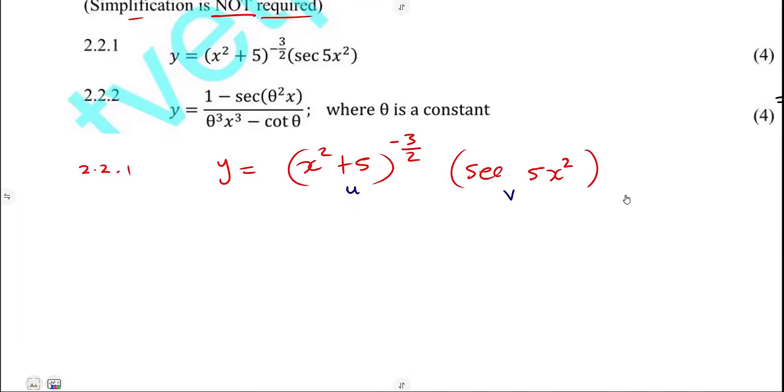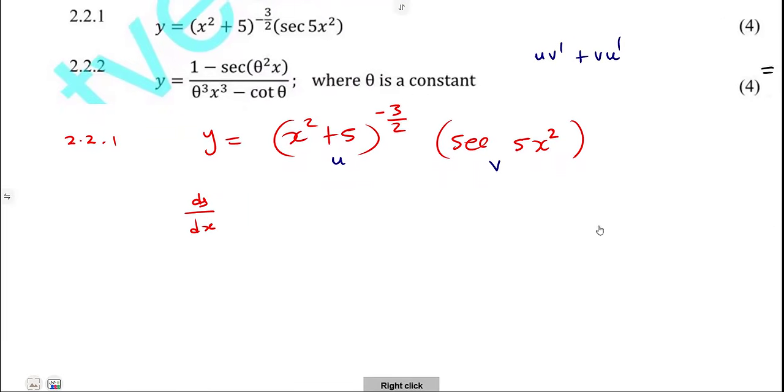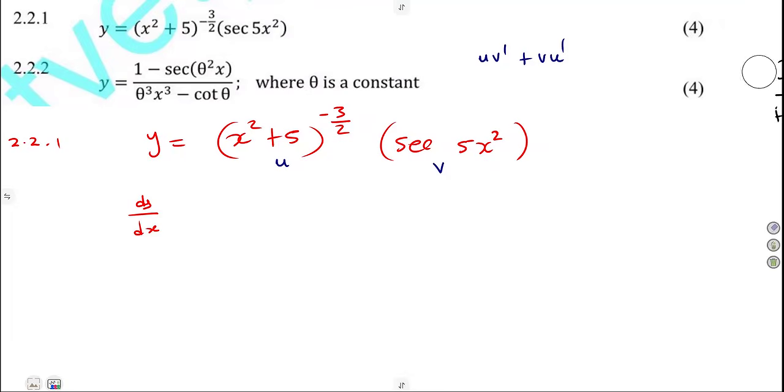So remember, our product rule, the derivative of y with respect to x is going to be u v prime plus v u prime, where we're going to need to find their derivatives.